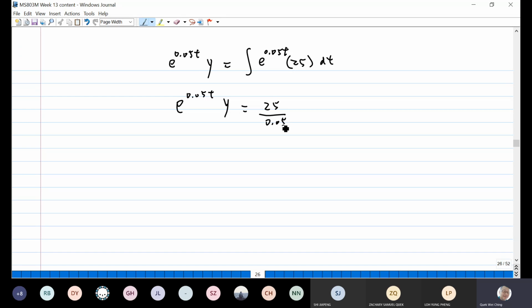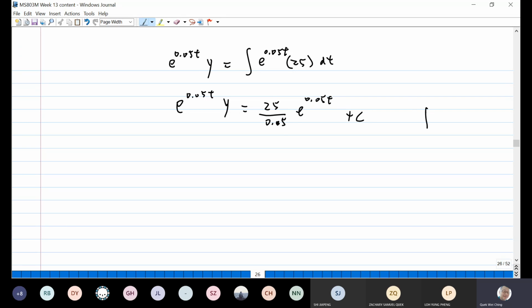So you get e^0.05t y equal to the integral of 25 e^0.05t dt. The left side integrates to e^0.05t y. The right side gives 25 over 0.05 e^0.05t plus c.